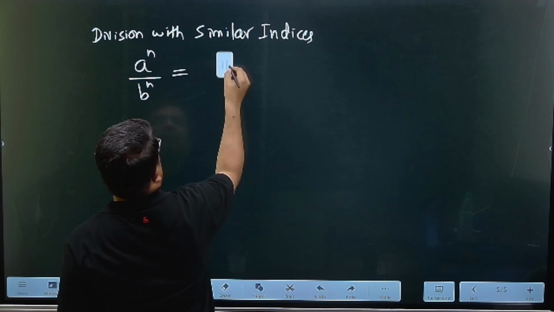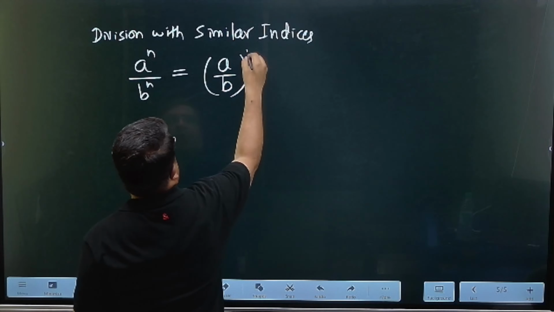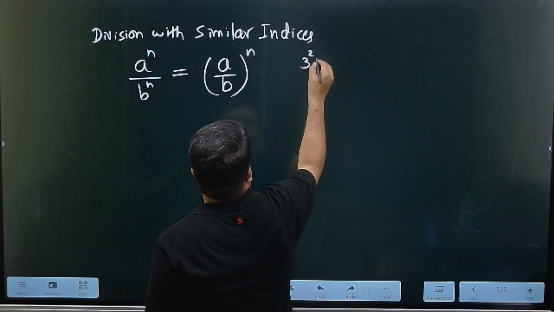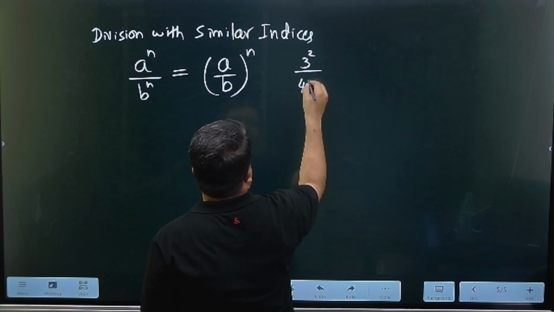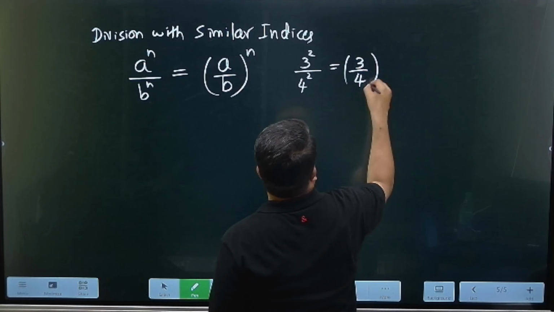You can write a by b raised to n. So this is 3 squared by 4 squared is 3 by 4 raised to 2.